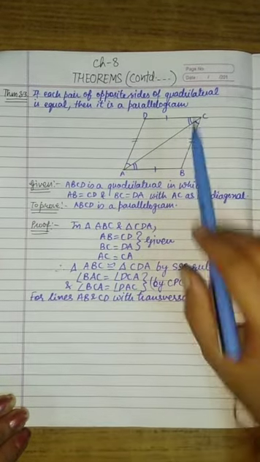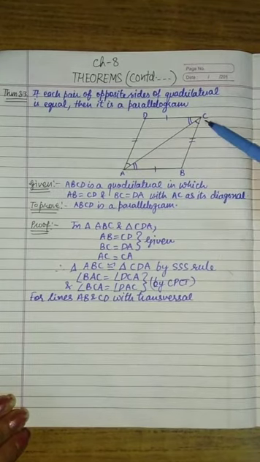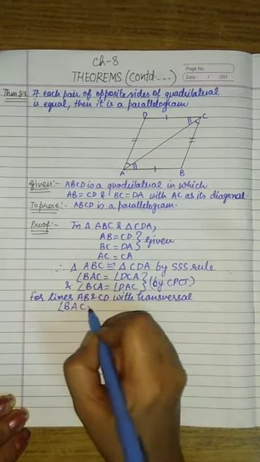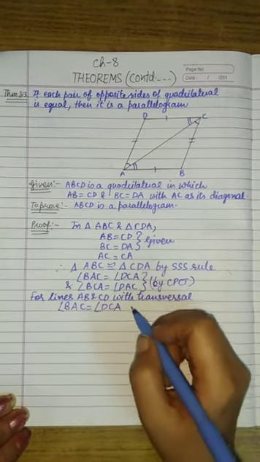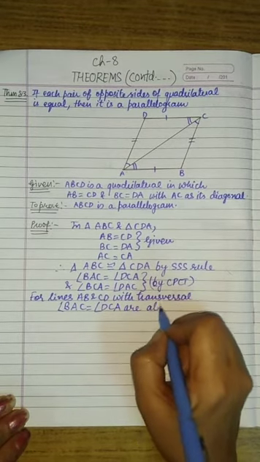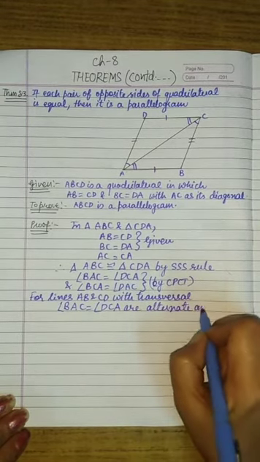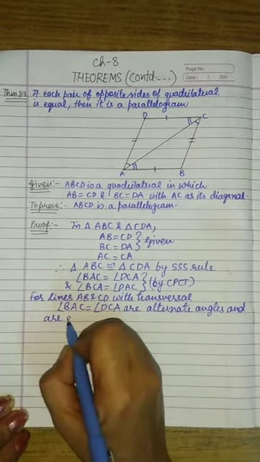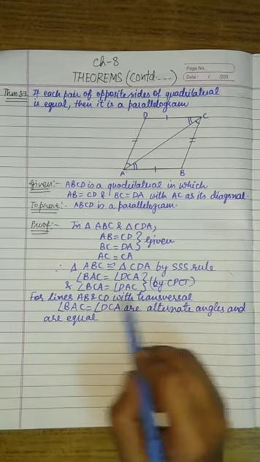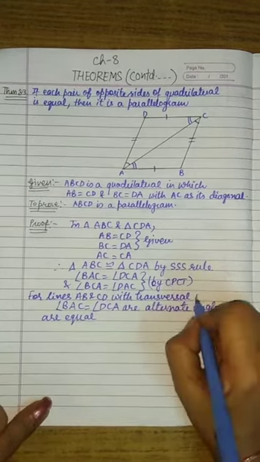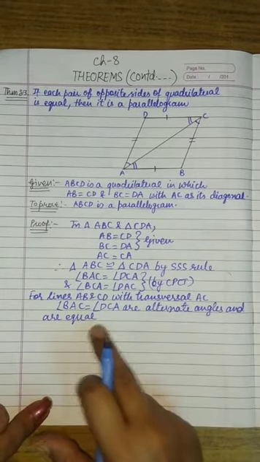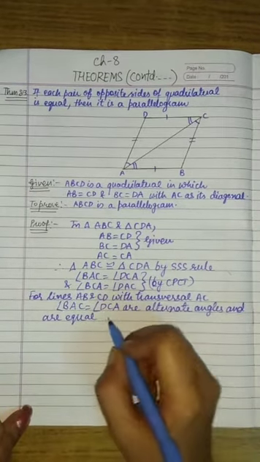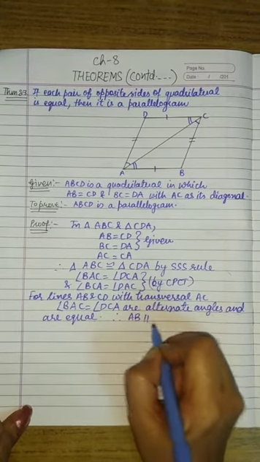So for lines AB and CD, these two sides of the quadrilateral, with transversal AC, we have already proved that angle BAC is equal to angle DCA. These are alternate angles and they are equal as we have proved above. Therefore AB is parallel to CD.